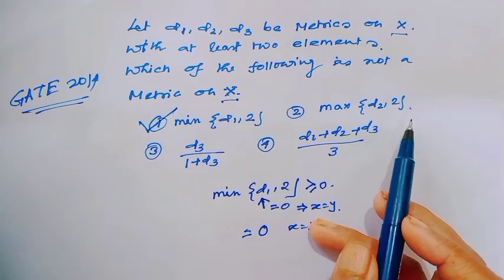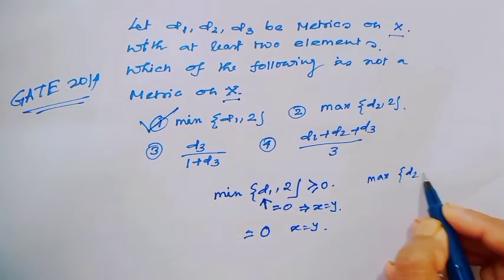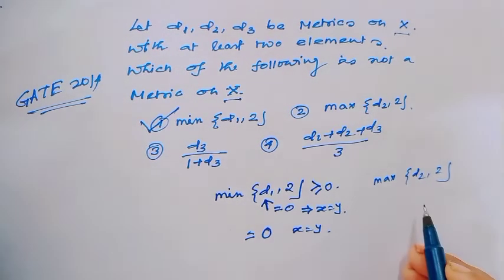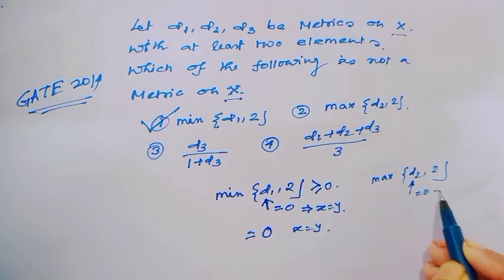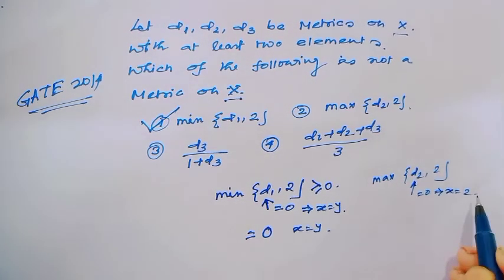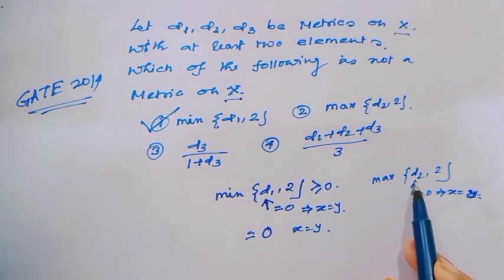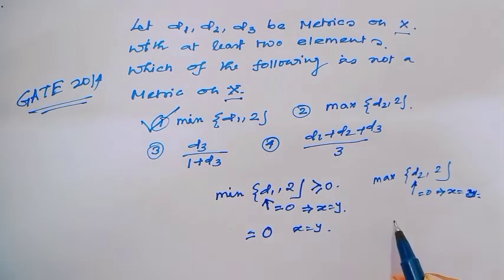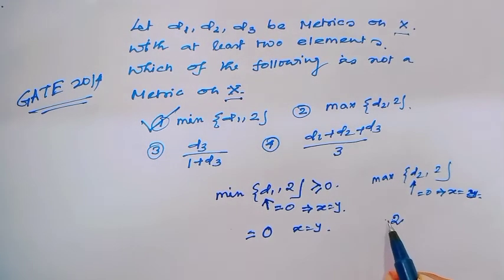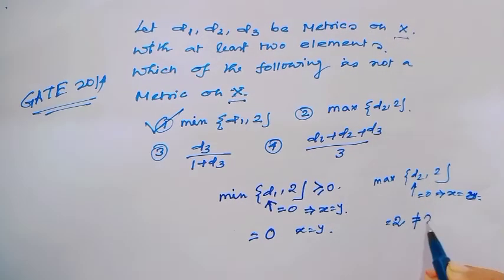Maximum of D2, 2. Notice, since D2 is a metric, obviously D2 equal to 0 implies X equal to Y. Okay? But when D2 equal to 0, then this maximum value would be 2. So this equal to 0 is not possible.